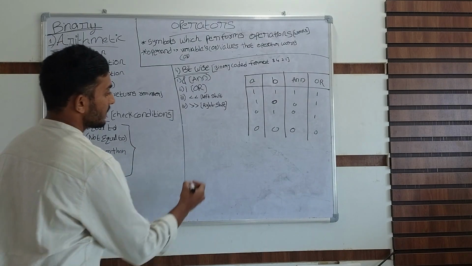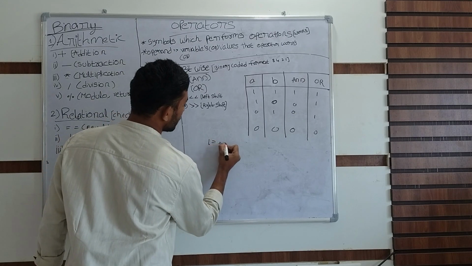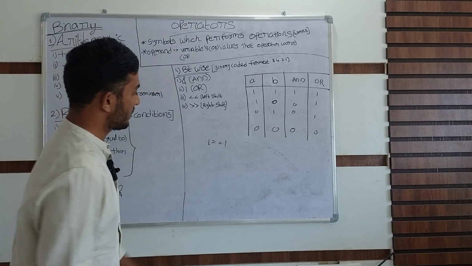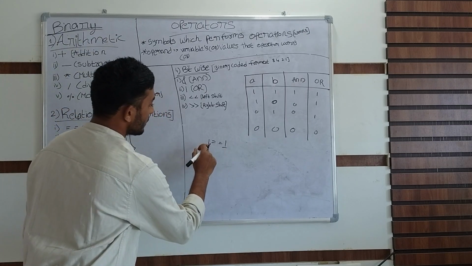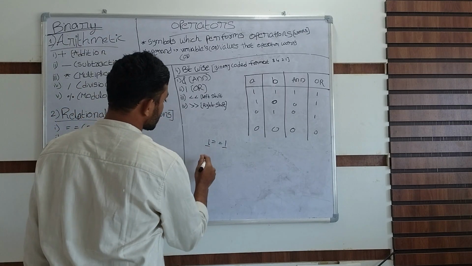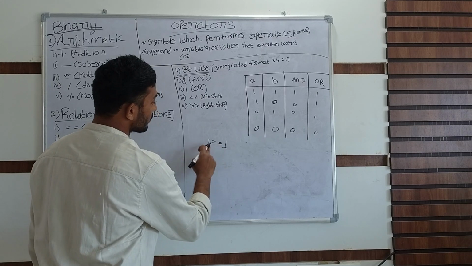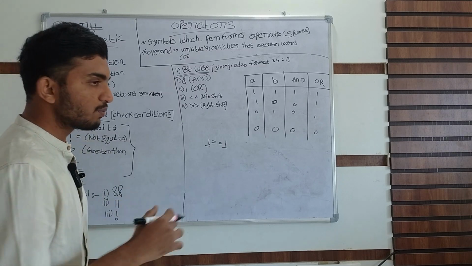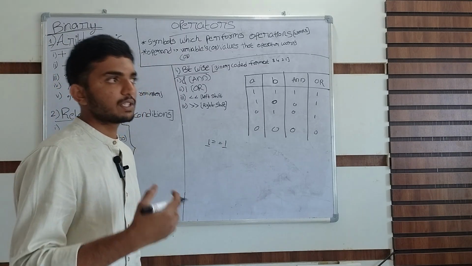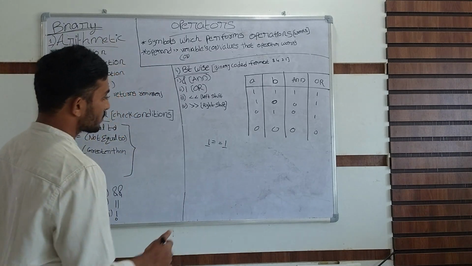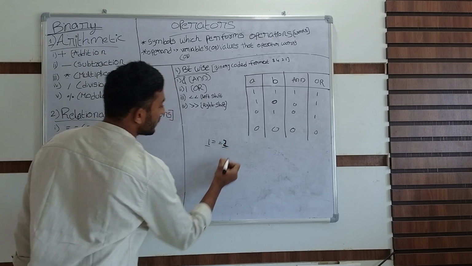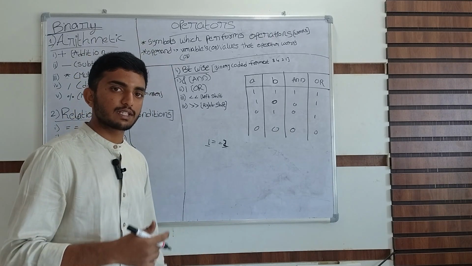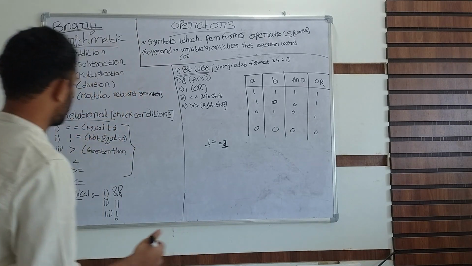For example, 1 double equals 1 is a comparison. In this example, 1 double equals 1 is true, then the condition moves to further execution of code. If it is 1 double equals 2, then the condition becomes false. These are all discussed in the next video.